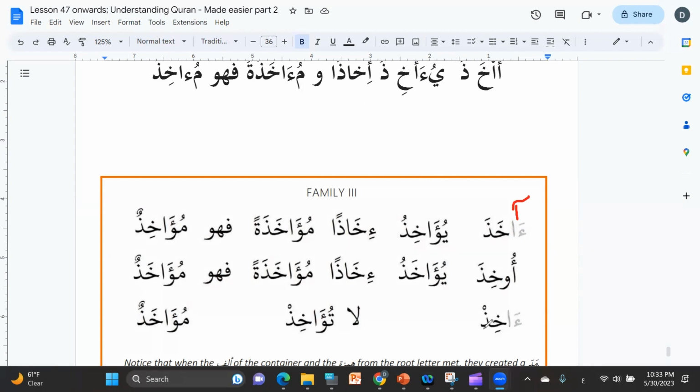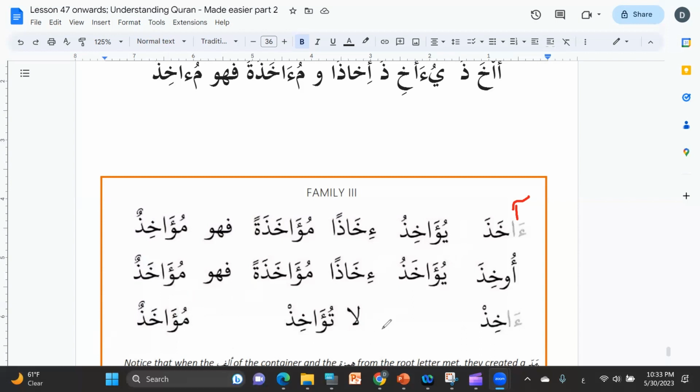Ain kalma is kha, and then lam kalma, dhal. So akhiz. Al-amru minhu akhiz wa nahi anhu la tuwakhiz. Wa zarfu minhu, again the same pattern. Muwakhazun. For zarf in Mazid Fihi family, we have the same pattern from ism maf'ul.